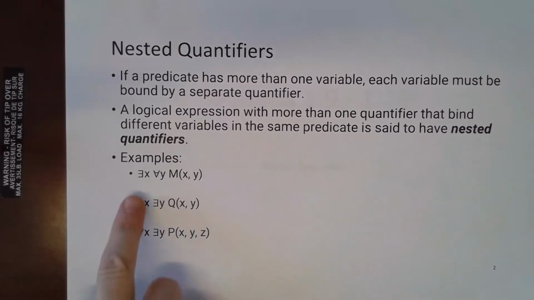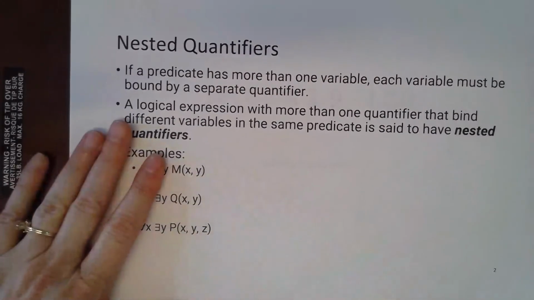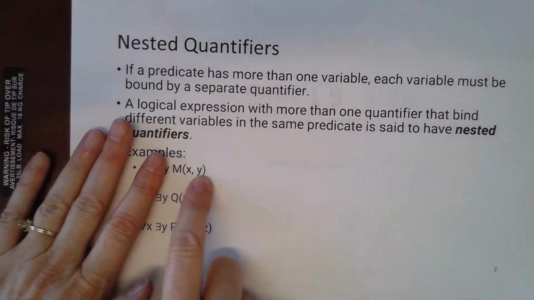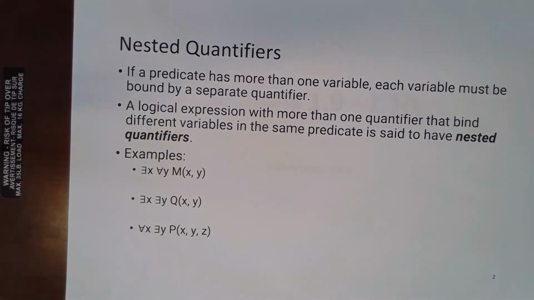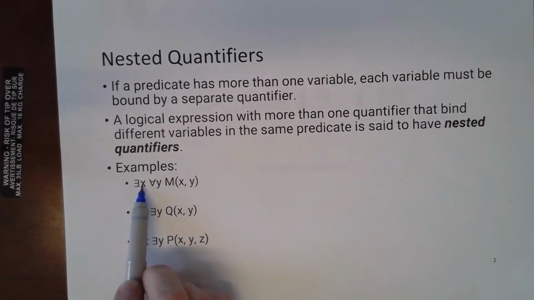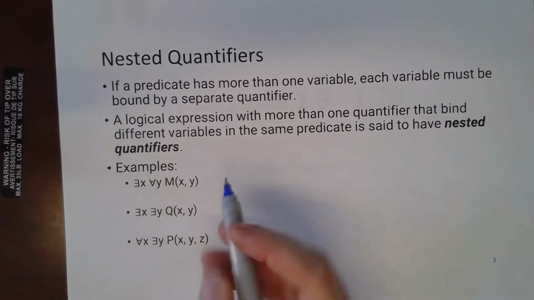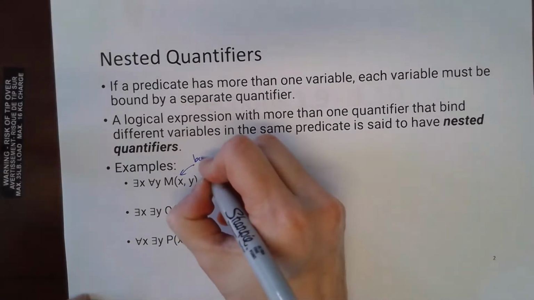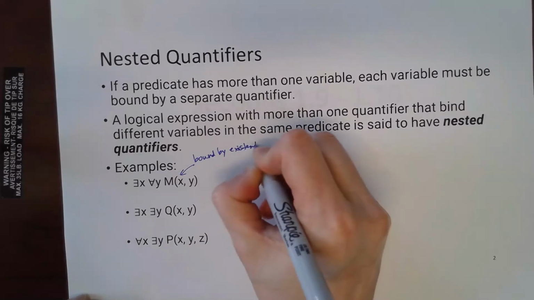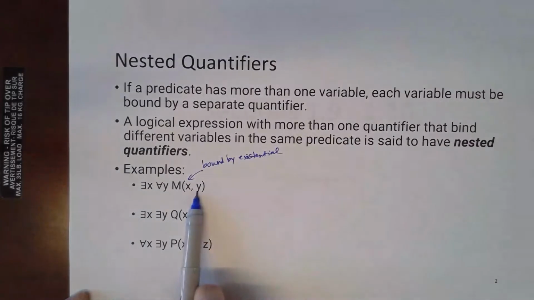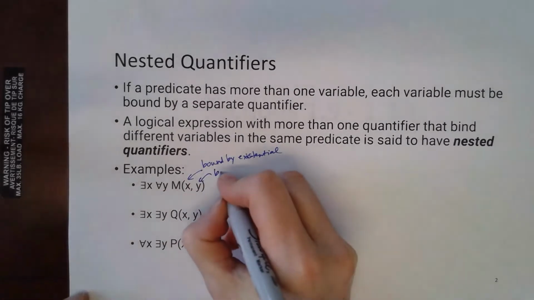So for example, we might have this predicate right here, M, and notice it has two variables, x and y. The x and y would both need quantifiers to be bound. This first variable, x, is bound by an existential, whereas this second variable, y, goes with this one, so it is bound by a universal.